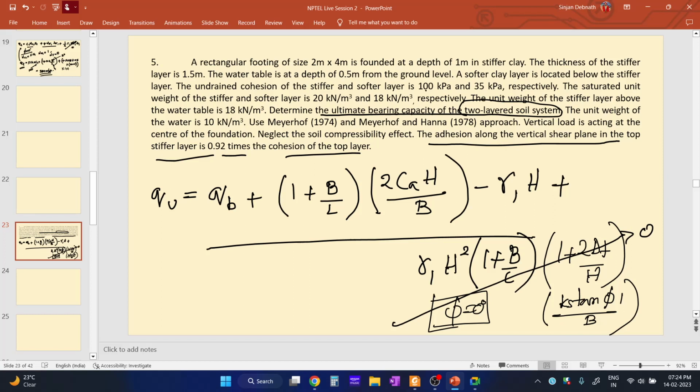We are not considering this portion. So the ultimate bearing capacity of the two layered soil system will only be this for cohesive soil.